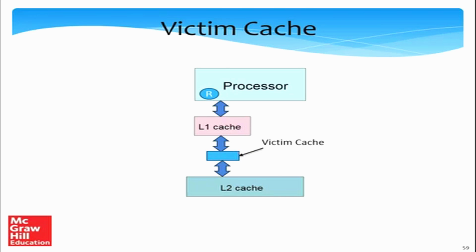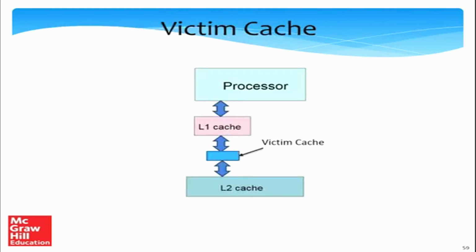So we check in L1 and the victim in parallel, it doesn't matter. If we find it in the victim cache, we take it and give it to the processor. If we don't find the data in the L1 and the victim, then we need to go to the L2 cache and give it to the processor.